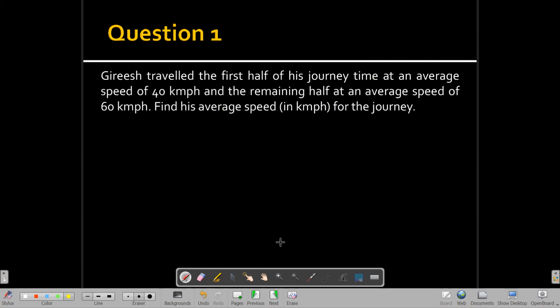Now, if the distance remains the same, kindly note that if it were mentioned that Girish traveled the first half of the journey distance at an average speed of 40 kilometers per hour, and the remaining half of the journey distance at an average speed of 60 kilometers per hour, then the average speed of the overall journey would be nothing but the harmonic mean of 60 and 40.